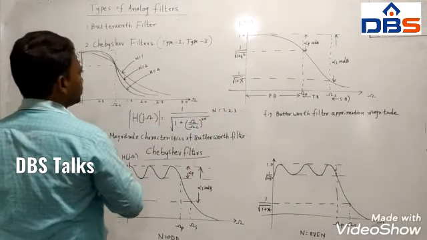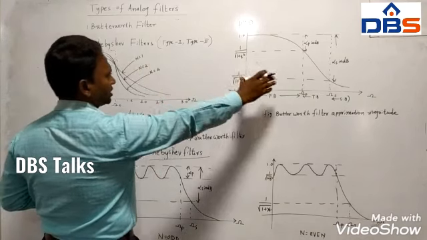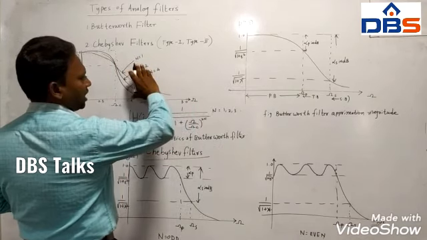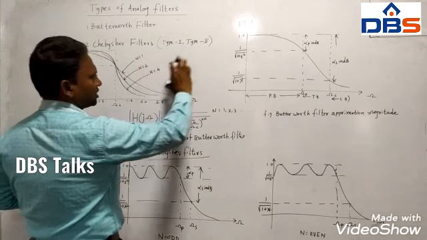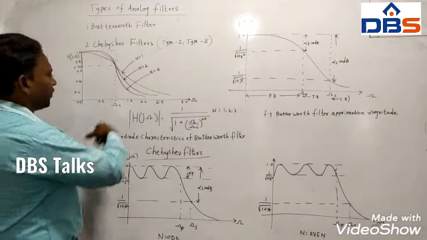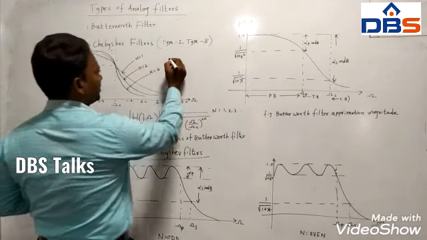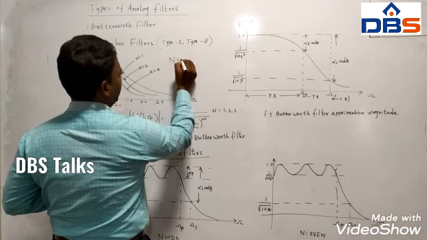Now, these two diagrams show the Butterworth filter's ideal magnitude response, and a practical one. These are shown for different values of n, where n represents the order of the filter.